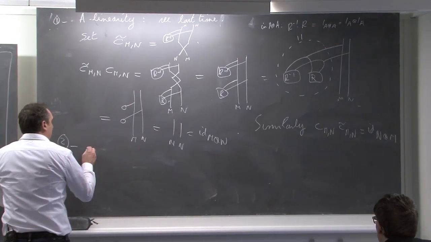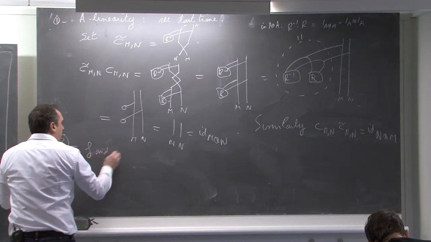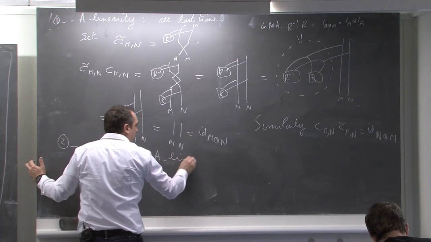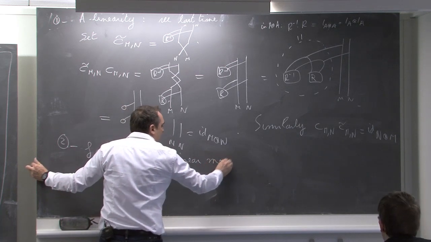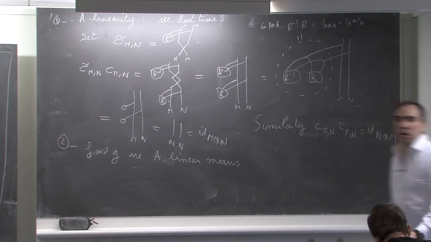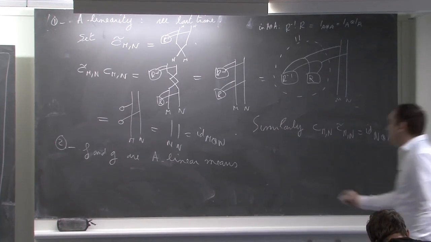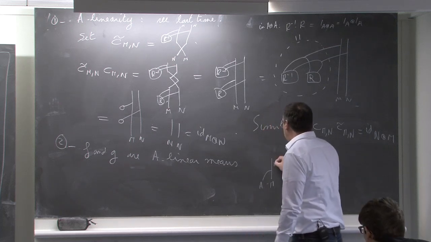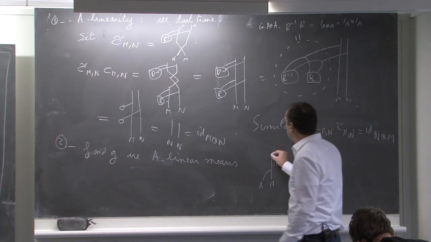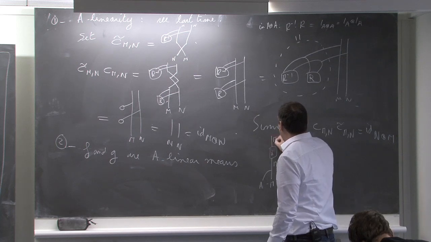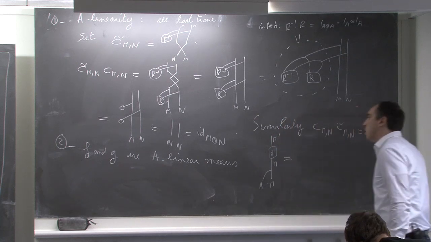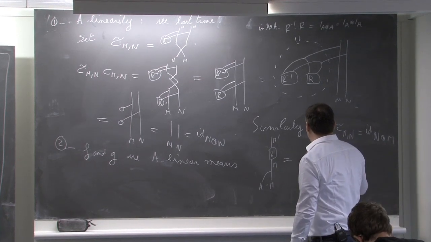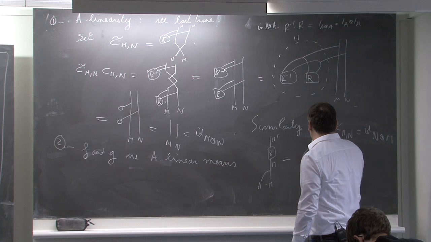So F and G are linear morphisms. What does it mean in graphical terms? I can first, for example for F, apply the action and then apply F. But the same thing is, I can just first apply F and then the action.